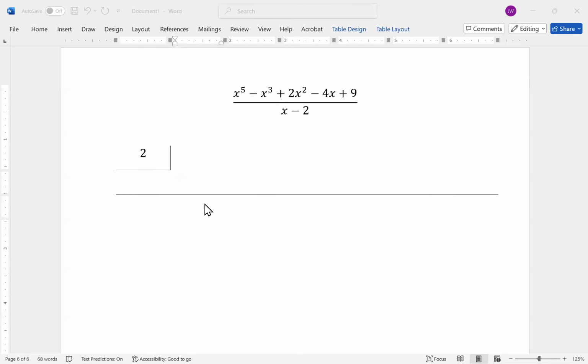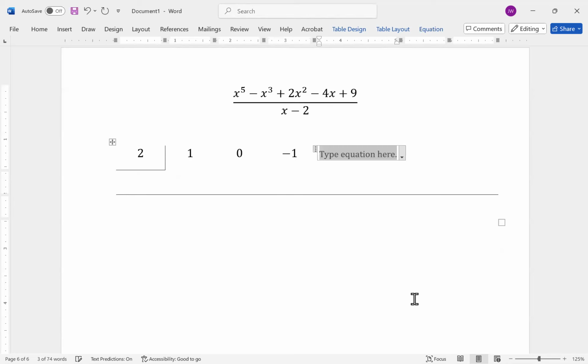Okay, so first things first, it's x minus 2 in our denominator. So we put a 2, that is a positive 2, out here in what I usually refer to as the box. So put a 2 in that box. The coefficient of x to the 5th is a 1. The coefficient of x to the 4th is a 0. And I have to plug that 0 in. Coefficient of x to the 3rd is -1.